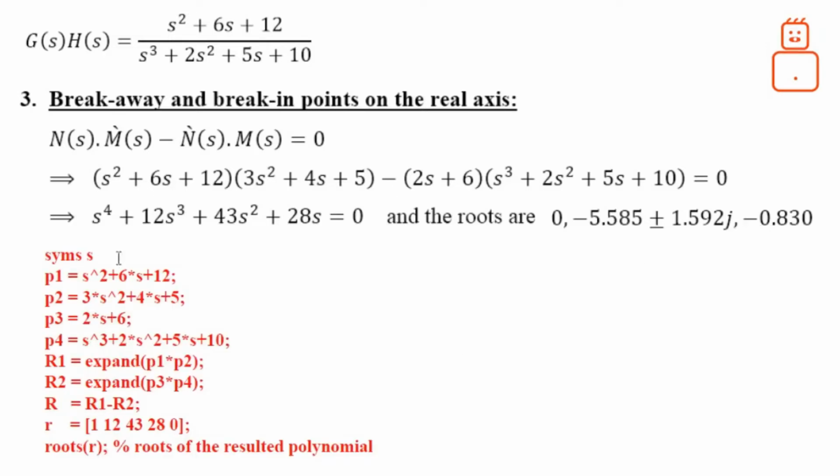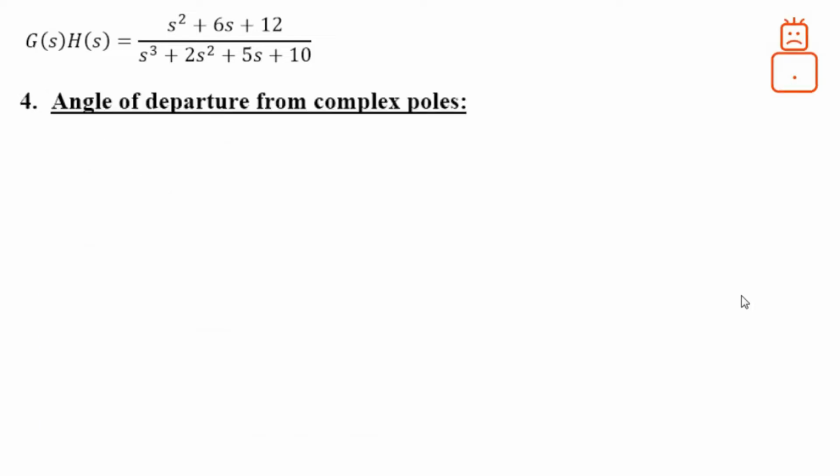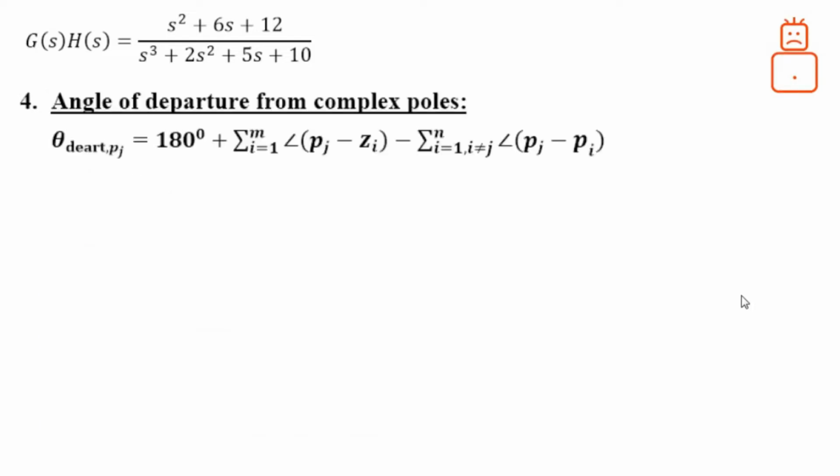The MATLAB code for computing this equation is very easy. I'm just using the roots tools of MATLAB, and this is the piece of code that I used to find these roots here. Okay, let's jump to number 4, angle of departure from complex poles.